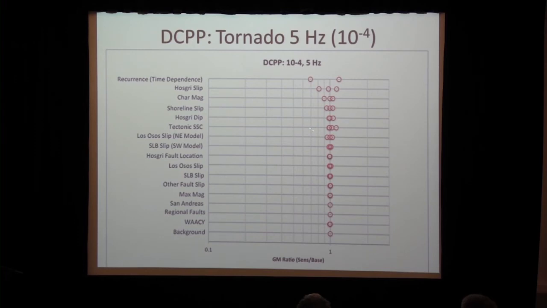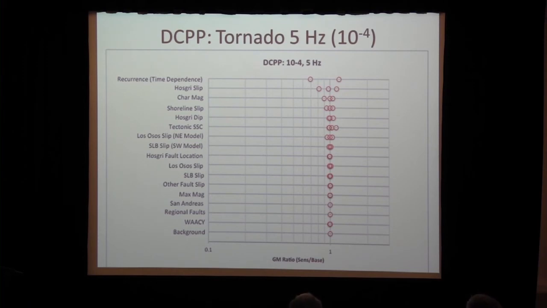This branch here, the tectonic SSE, actually has 4 points. This lower point has 2 points, and this upper one is the shoreline report. If you remember, my shoreline curve was always higher than my other combined ones, and that's why I'm getting the highest ratio. So if you wanted to look at just the sensitivity for the 3 SSE models, just eliminate this upper point and look at this distribution here.